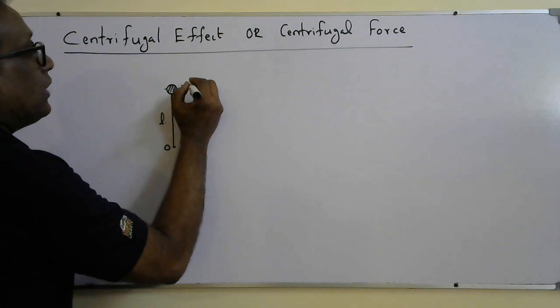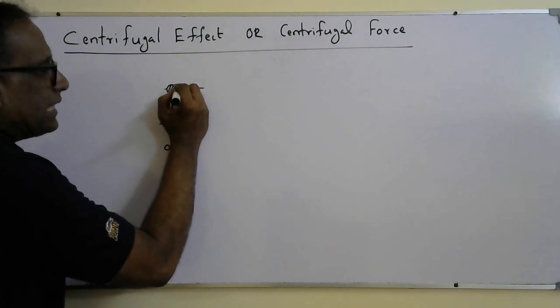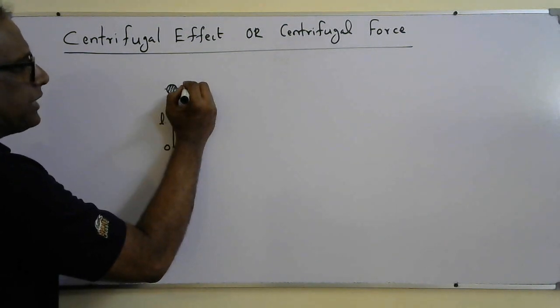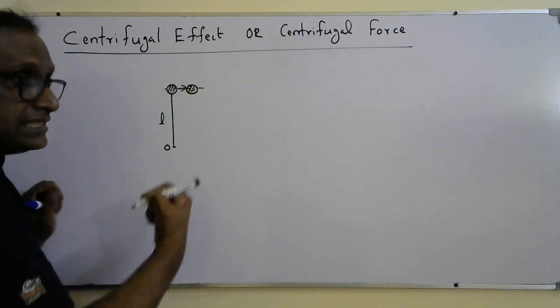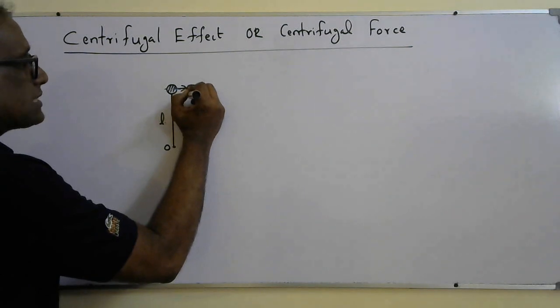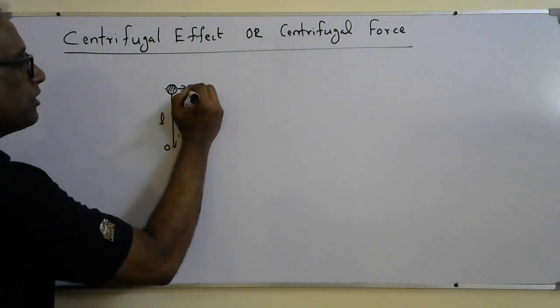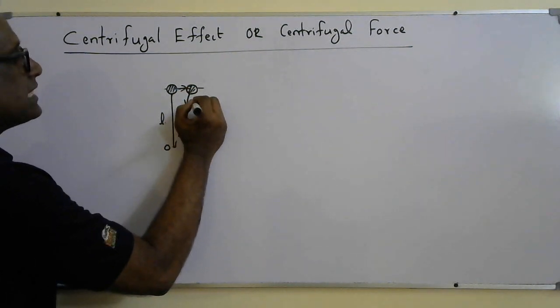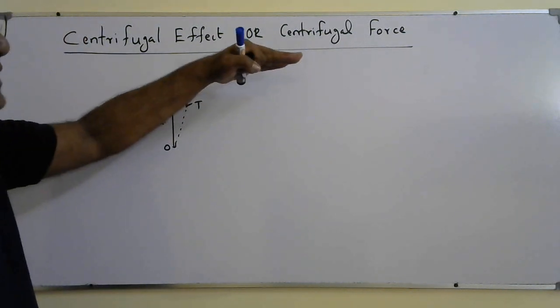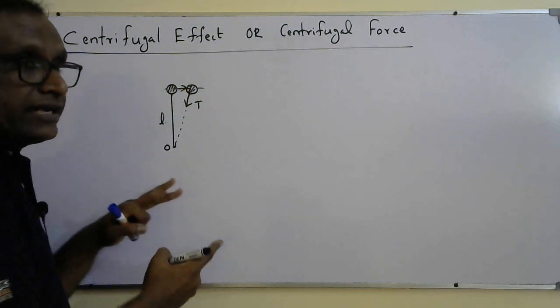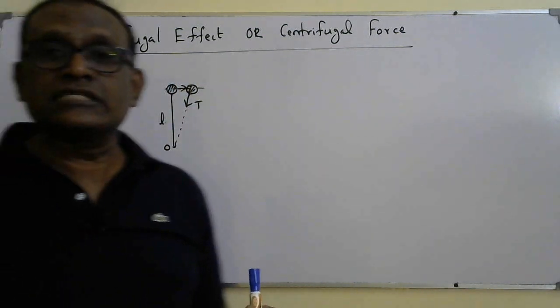So the string will exert a force, tension on the sphere towards the center, because if you try to move along this line, the length of the string should increase, but it's an inextensible string.